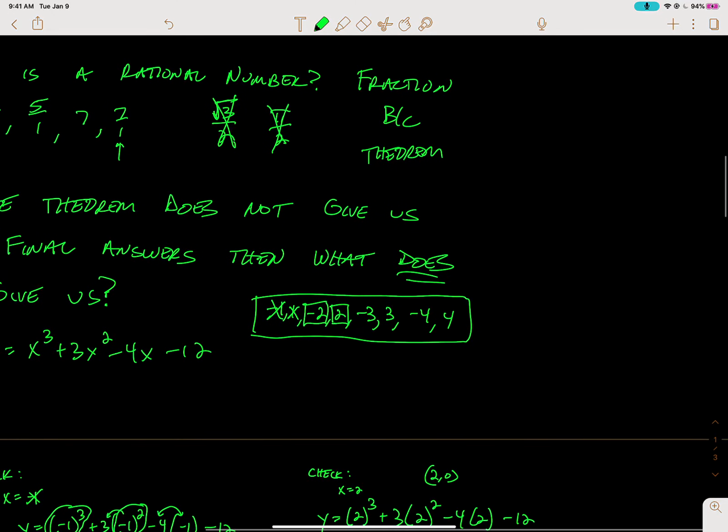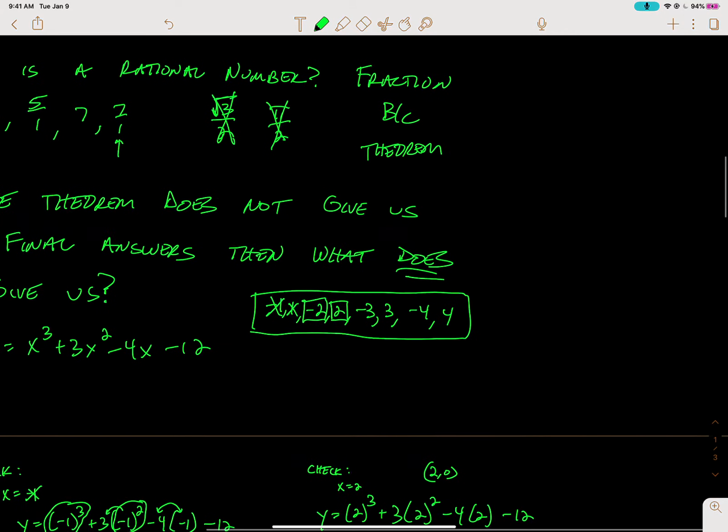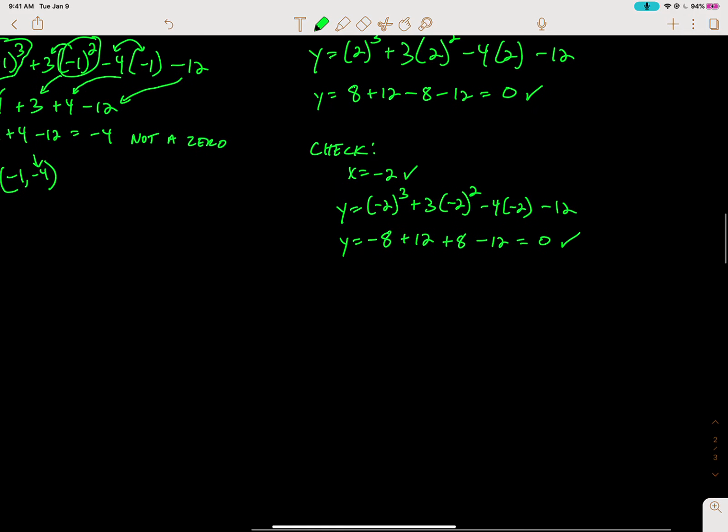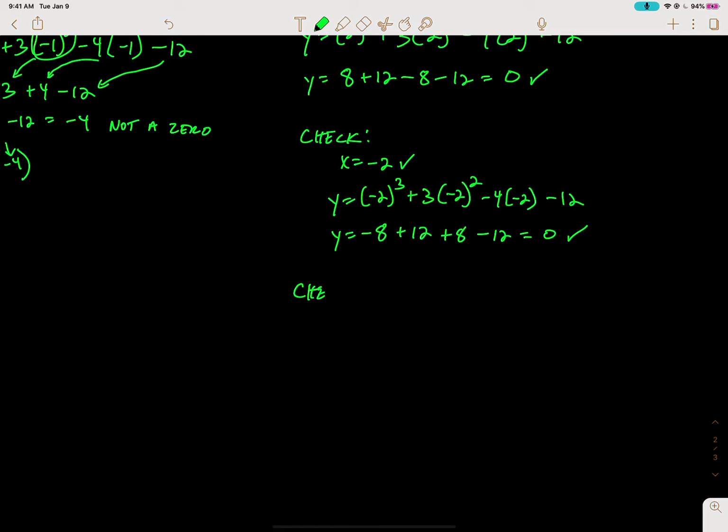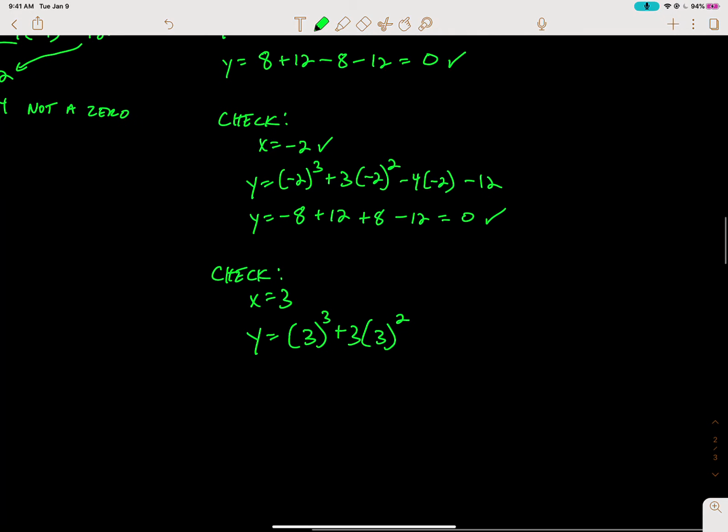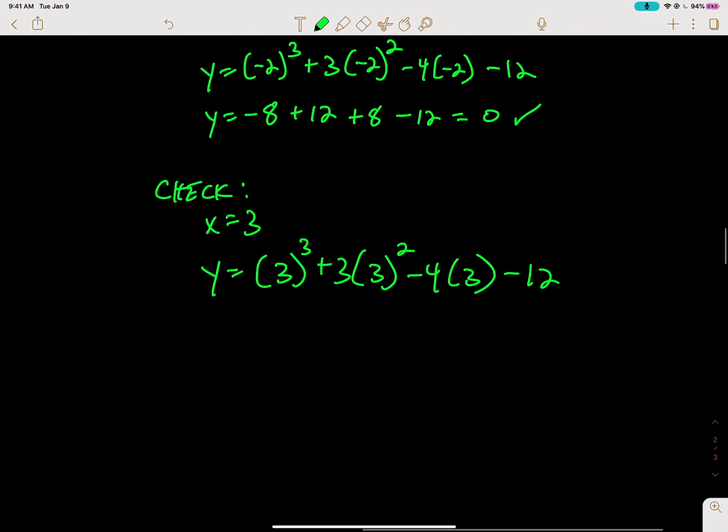All right, so there's only one left that could work. Let's try one more. I would like to try -3. Let's see if that works. Actually, let's do +3 first. x equals +3. So y equals 3 cubed plus 3 times 3 squared minus 4 times 3 minus 12. 3 times 3 is 9, and then 9 times 3 is 27.